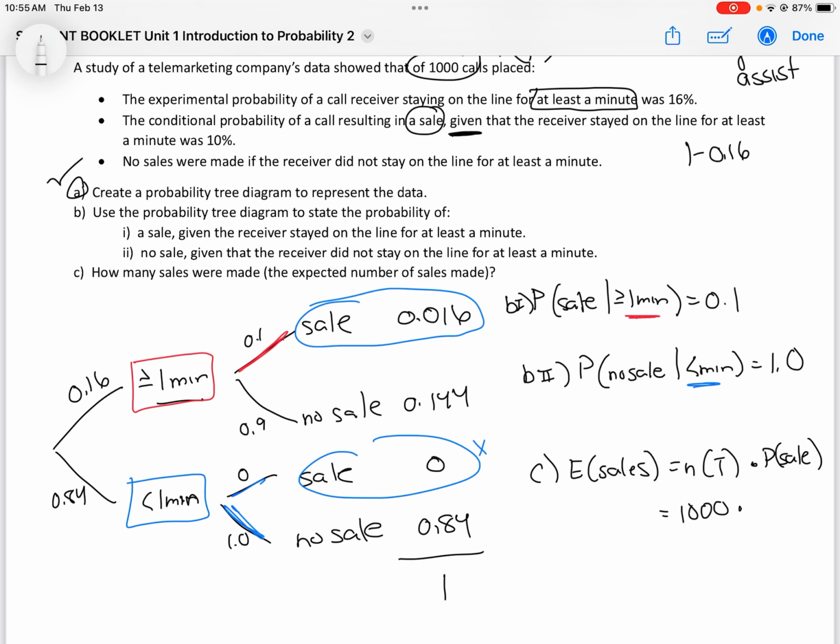Altogether, the probability of a sale is 0.016. If you think about 1, 2, 3 decimals, we're going to get 16. So the expected number of sales made out of the 1,000 calls is 16.